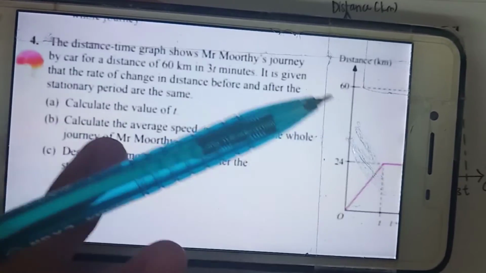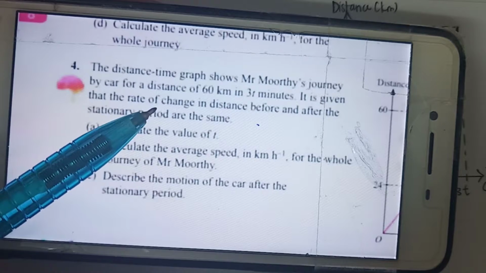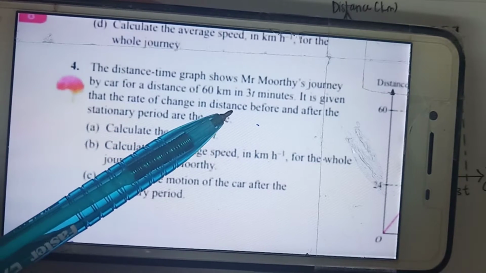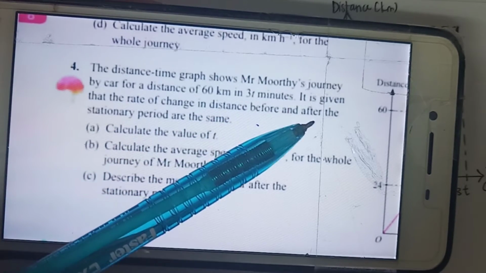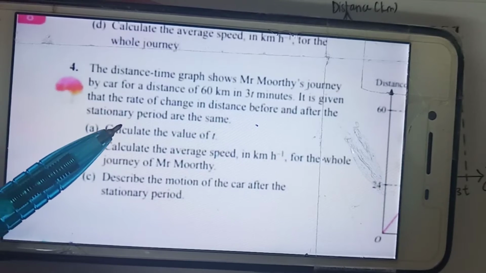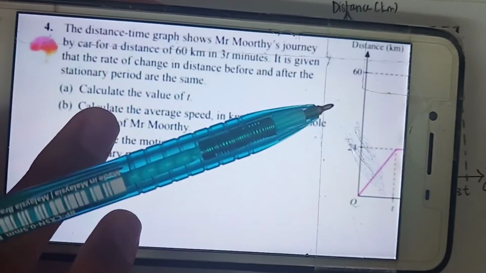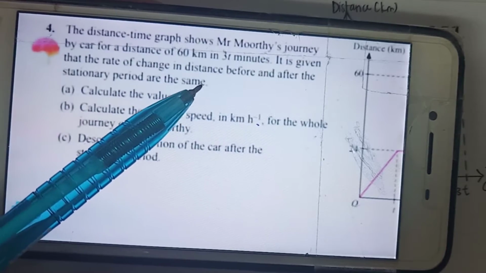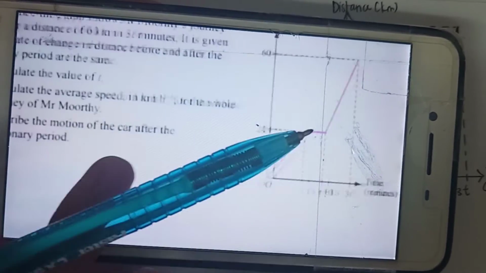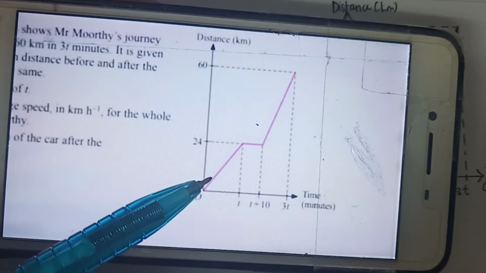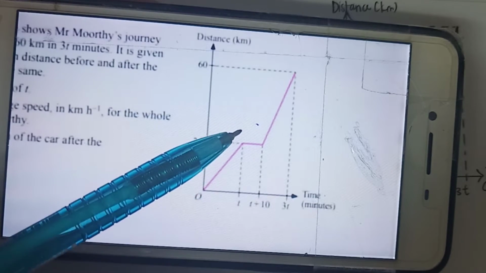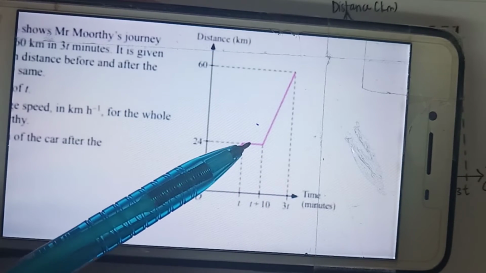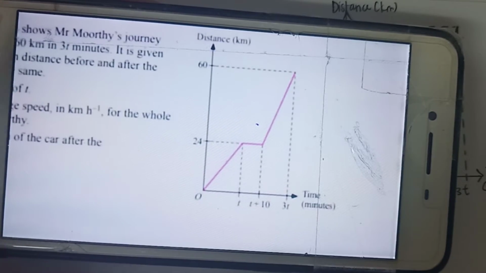Another piece of information: the rate of change in distance before and after the stationary period are the same. The rate of change in distance is talking about the speed. So the speed of Mr. Murthy's car before and after the stationary period is the same.